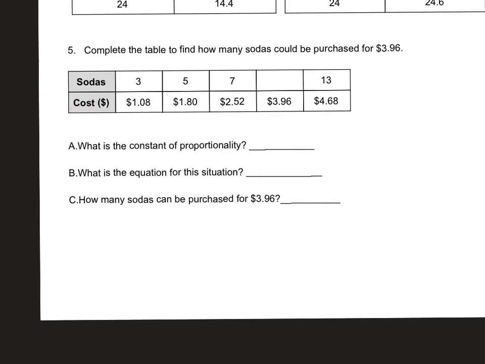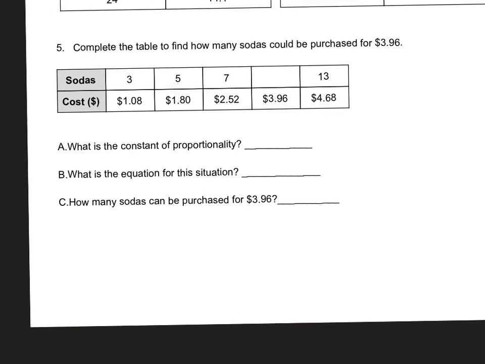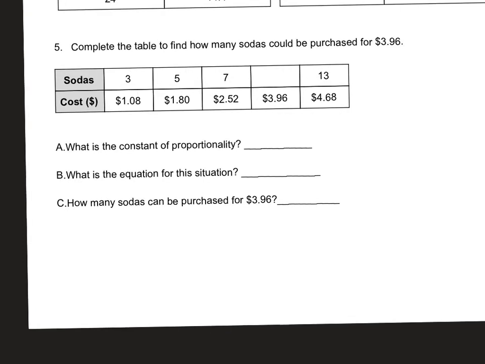Here, I'm being asked to look for the constant of proportionality. Okay, and we've talked about this in class, how to find my constant of proportionality. I can take every y coordinate and divide it by my x coordinate in my table and see what that constant of proportionality is.